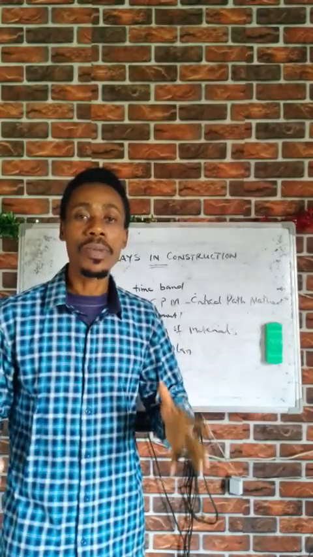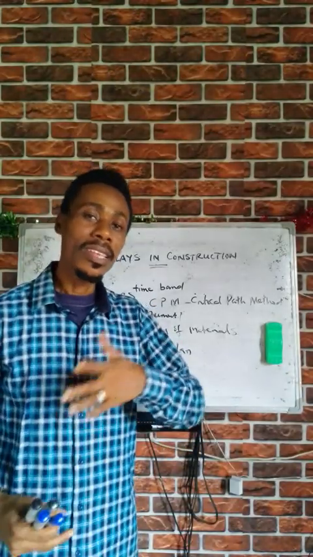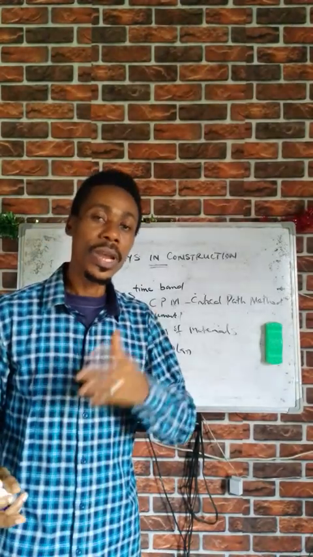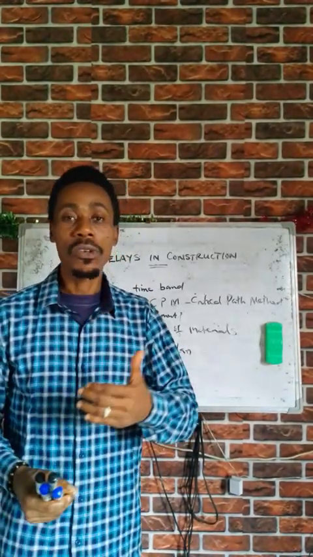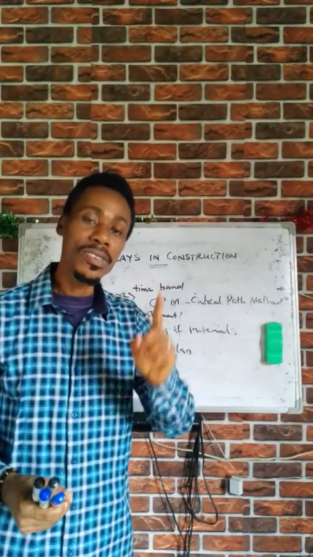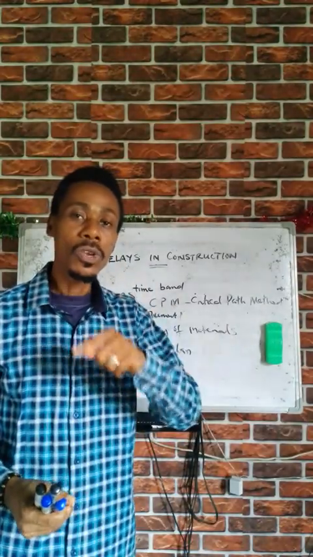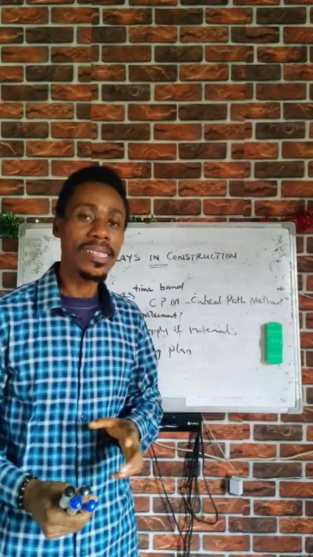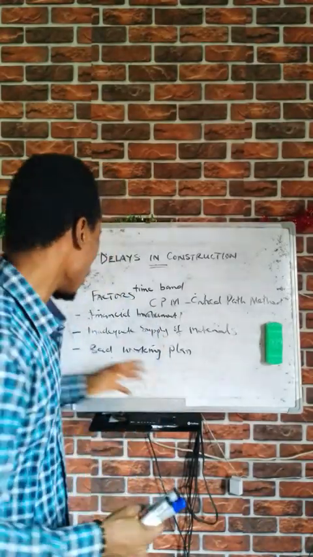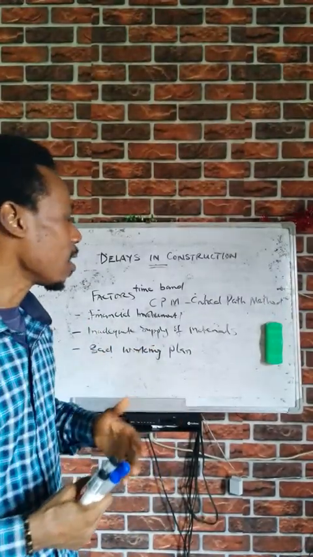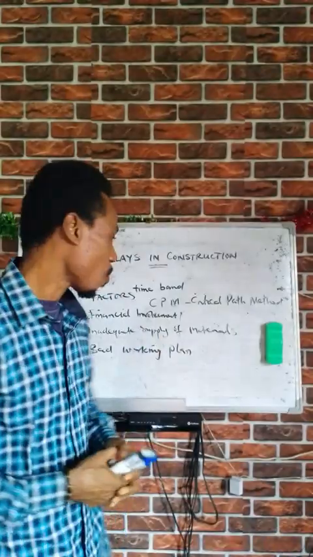Then also there are some cases where you get to the site and the soil looks very weak, and during the design it was not considered. There is need to redesign that structure to fit the kind of soil found at site. So when you have a bad working plan, it will also cause delay in the construction work.